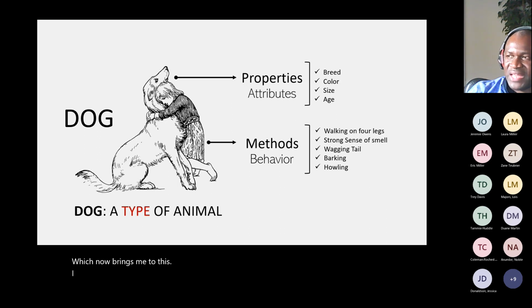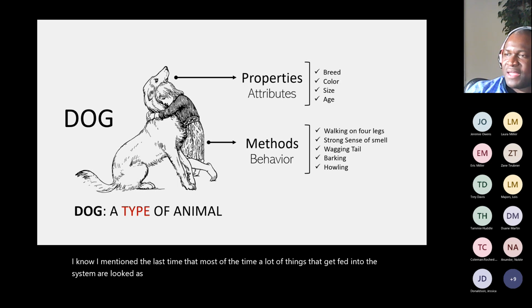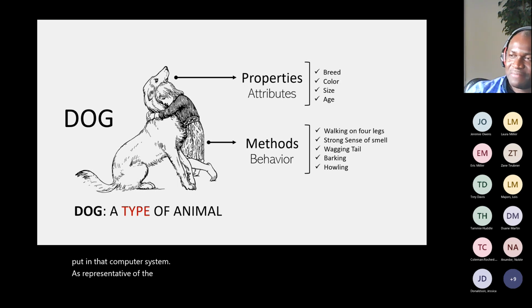I know I mentioned this the last time, that most of the time, a lot of things that get fed into the system are looked at as objects, right? So for example, if I want to put a physical dog into a computer system, I have to figure out how to do it so that whatever I put in that computer system is representative of the physical dog that I see today.